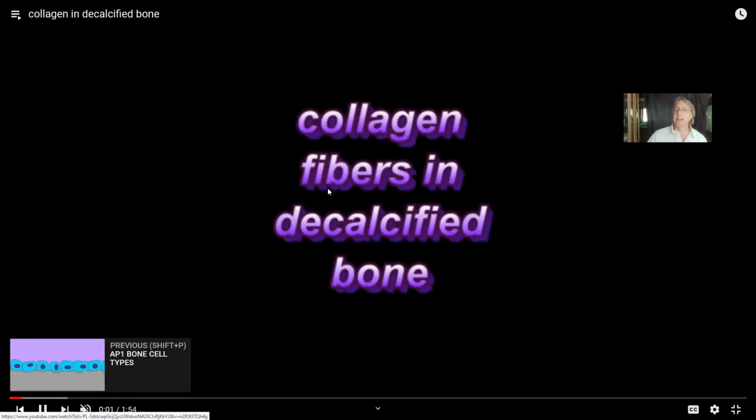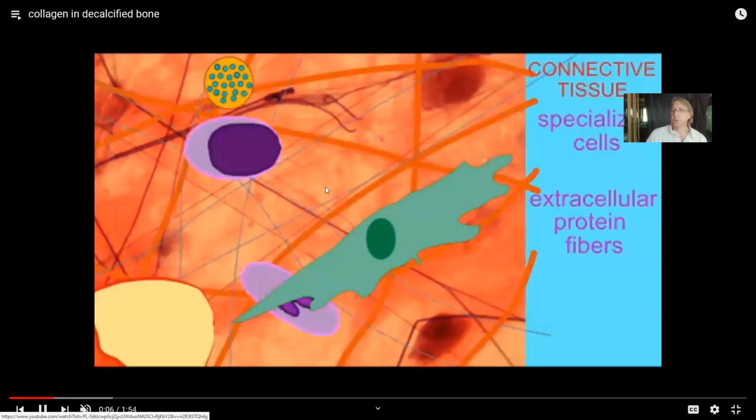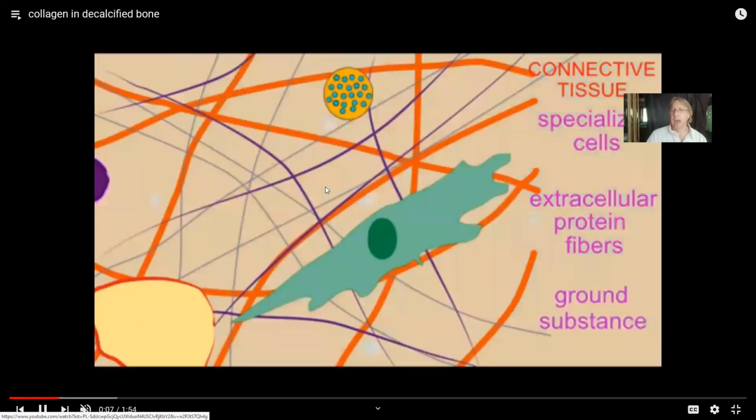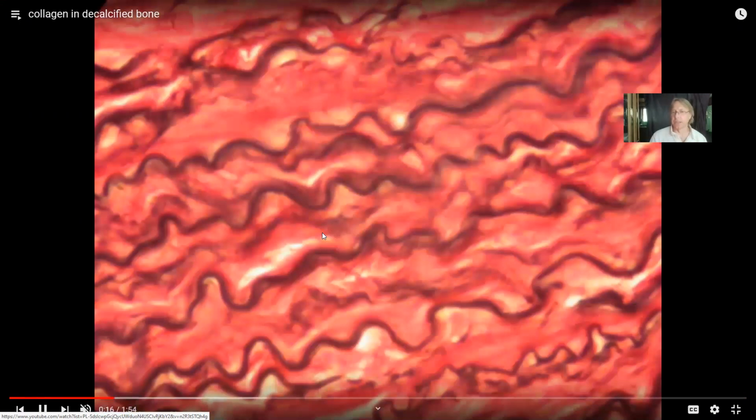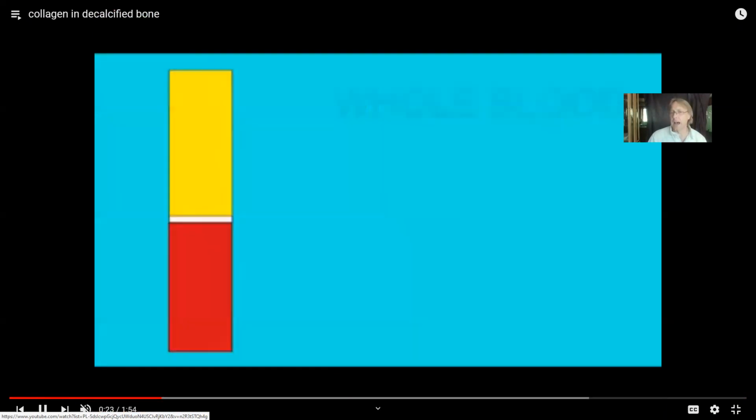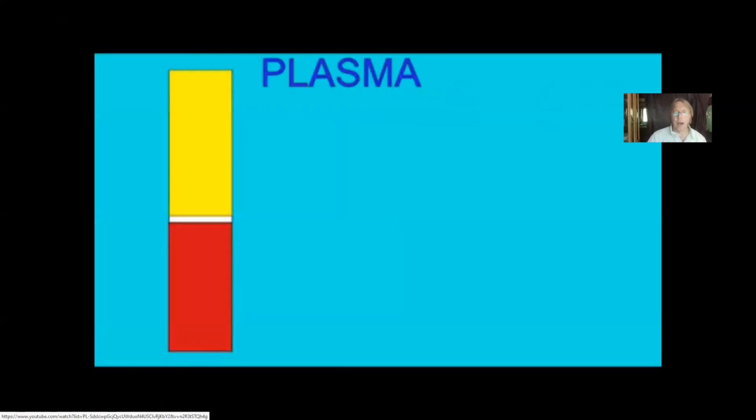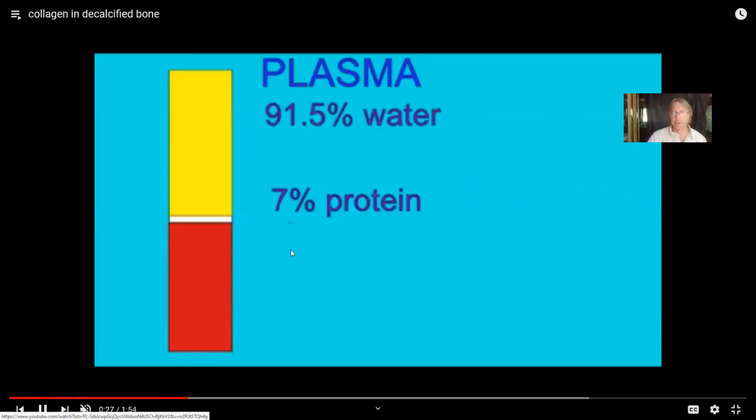There is collagen, which isn't surprising. I mean, this is a connective tissue, and connective tissues have extracellular protein fibers. Like collagen, the primary extracellular protein fiber here. And about a quarter of bone is actually collagen. Now, you don't see it normally because you're perhaps taken by the hard ground substance in the matrix.